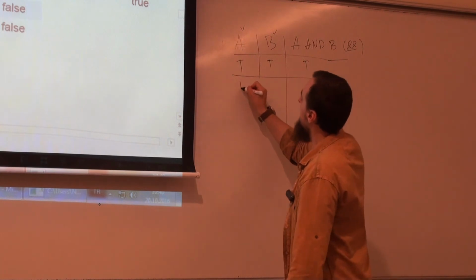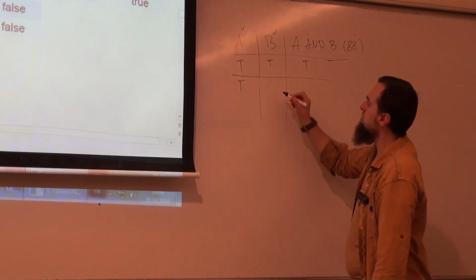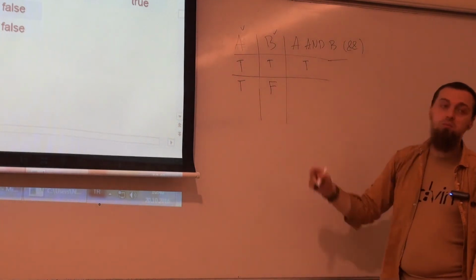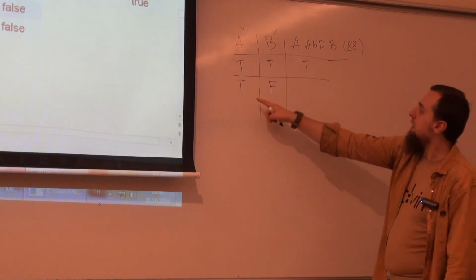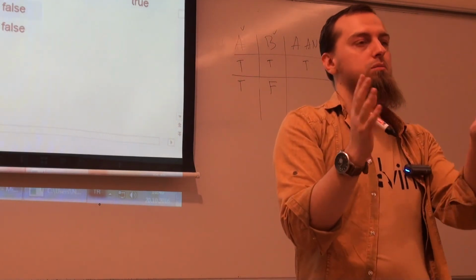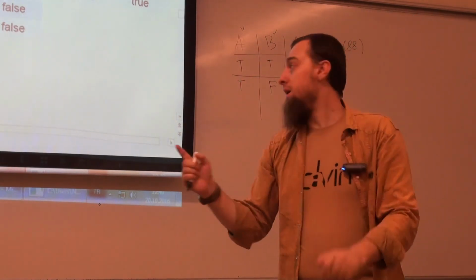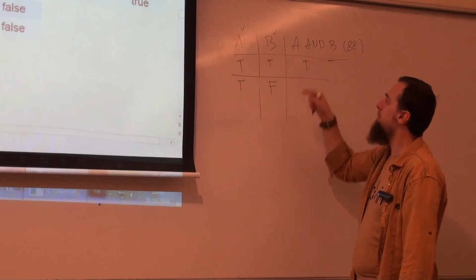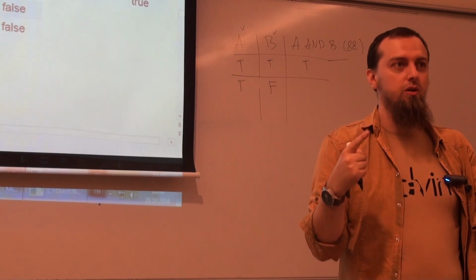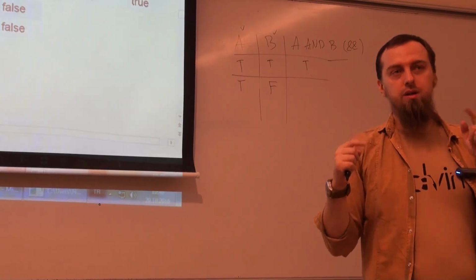What if I say I'm 30 years old and I am a female? The second statement is not true. But I want to combine them in something which is more complex. I'm saying I'm 30 years old and I'm female. Is overall this statement true? Logically, yes or no? No, exactly.